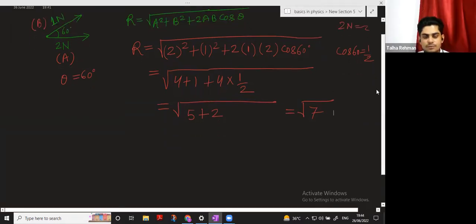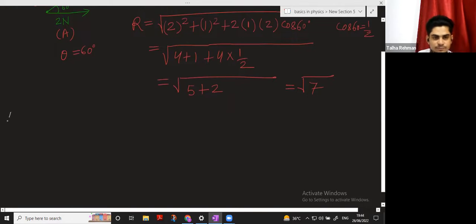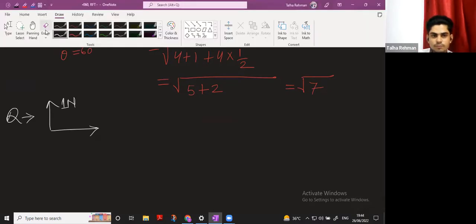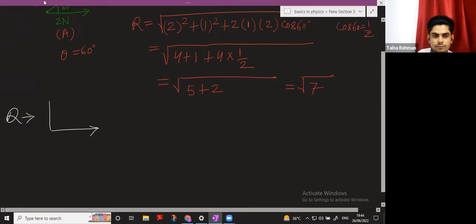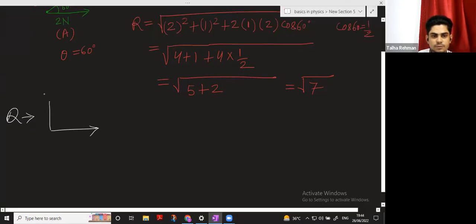So now I am taking one more question. Suppose this is a vector of 1 Newton and this is a vector of... please have patience, take 1 minute.